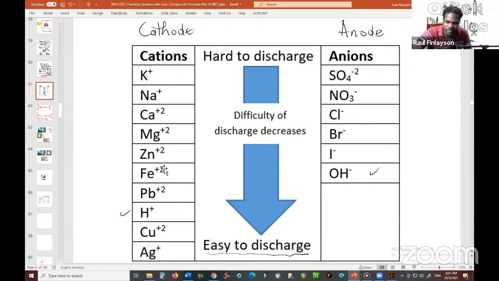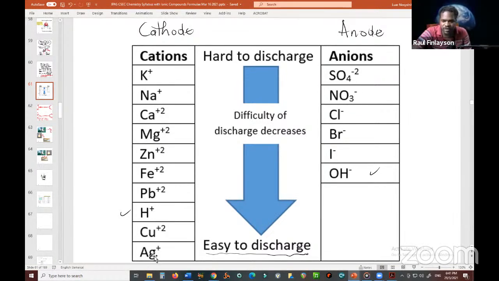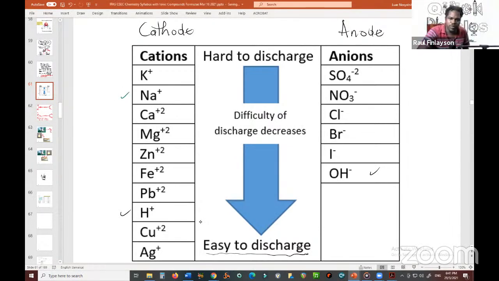The ones that are weak are lower in this list, and those would be given off first in electrolysis. So we have hydrogen, and in the same sodium chloride electrolysis here, there was sodium as well.